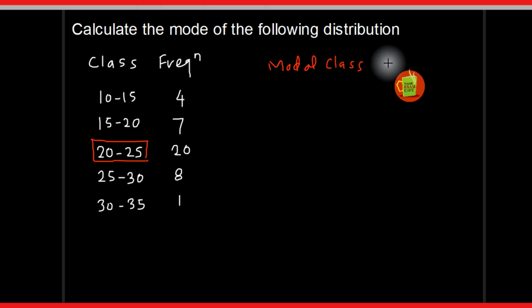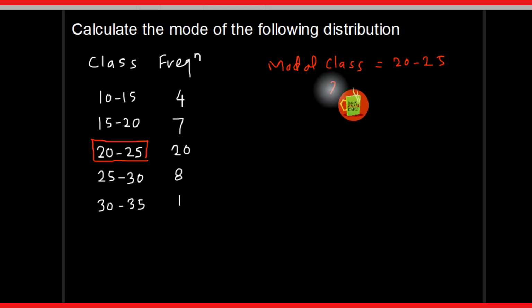It means the mode of the given distribution will be between 20 to 25, and therefore we call this a modal class. So your answer will lie within these numbers only. And so first write modal class that is equal to 20 to 25.